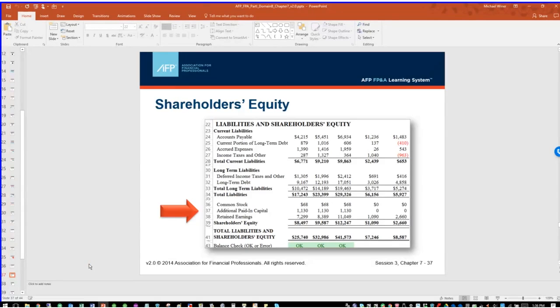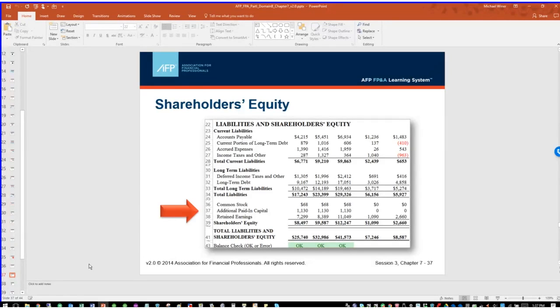The first is common stock, and the second is additional paid-in capital. And actually, the only difference between those two is that the common stock line represents how many shares are outstanding, multiplied by the par value of those shares. That is of legal consequence in some states, but other than that, it has no bearing to the FP&A world.